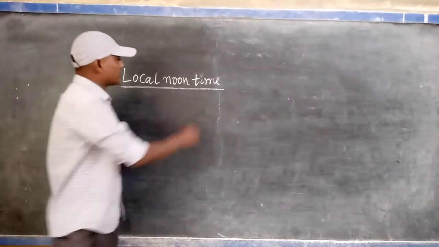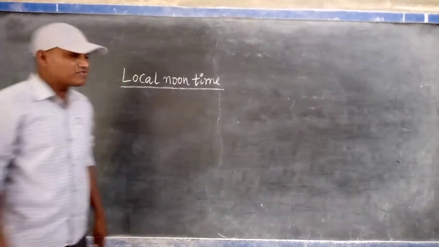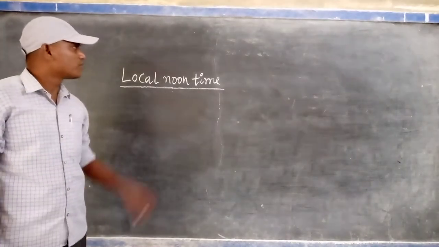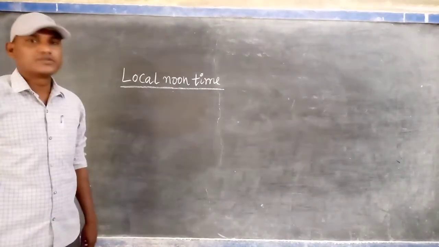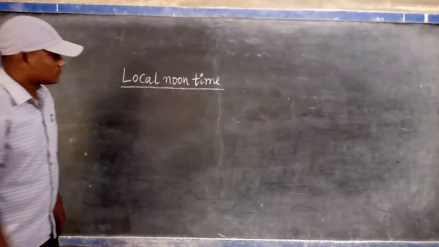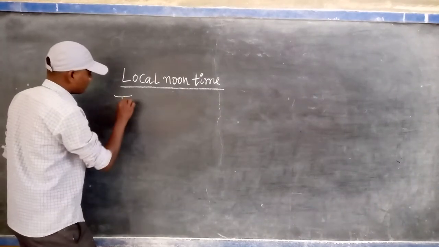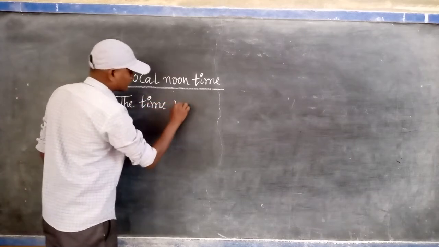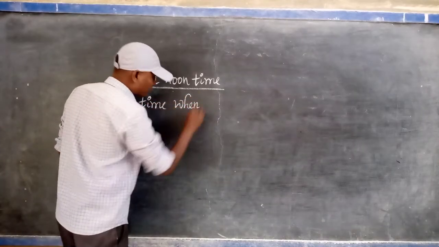Let me come to our topic. So what is the name of the topic? How to find local noon time. Noon is nothing but afternoon time.